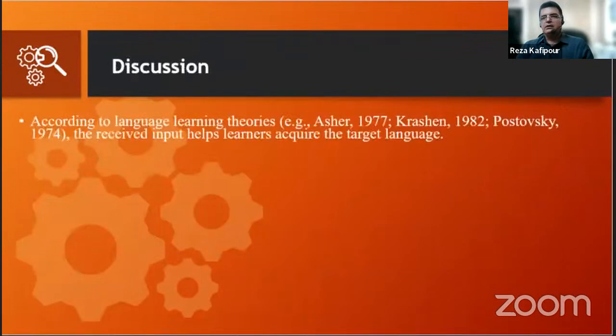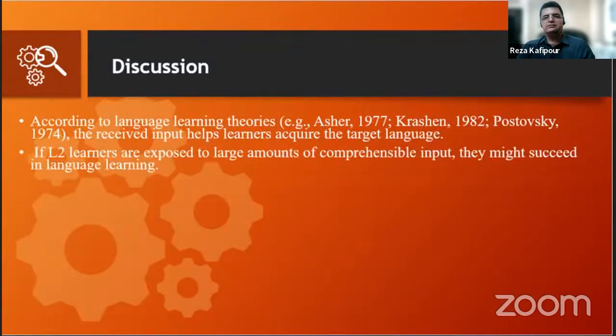So if we decide to summarize the findings and discuss what we found in this study, we should say that based on the language learning theories, the received input helps learners acquire the target language. So it refers to the role of implicit instruction of pronunciation.